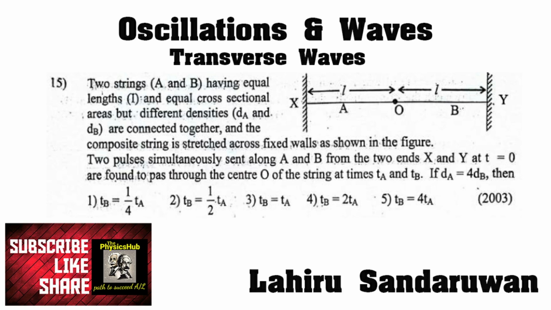Two pulses simultaneously sent along A and B from two ends X and Y at t equals 0 are found to pass through the center O of the string at times TA and TB. If dA equals 4 dB, then we have to get the relationship between TA and TB.